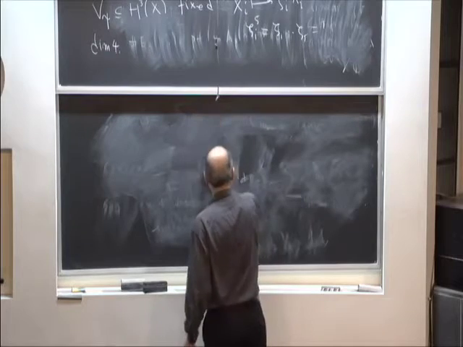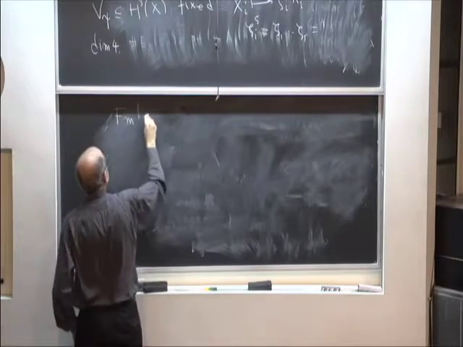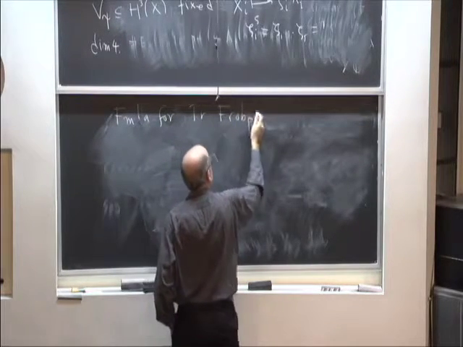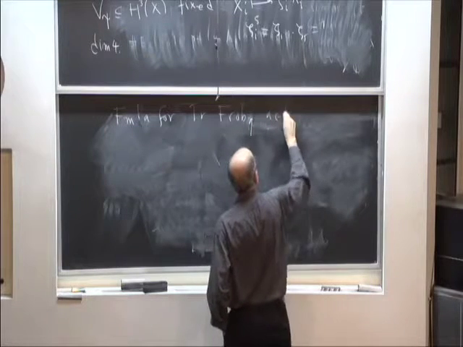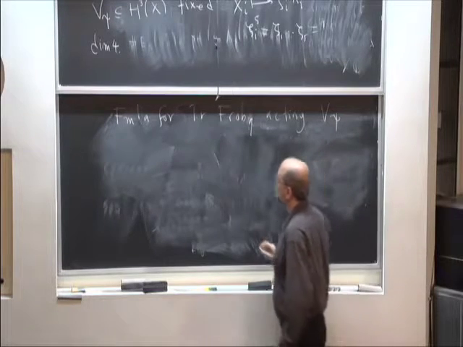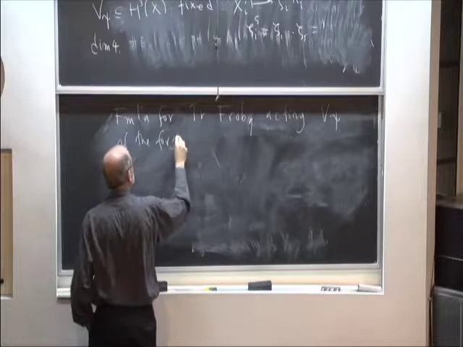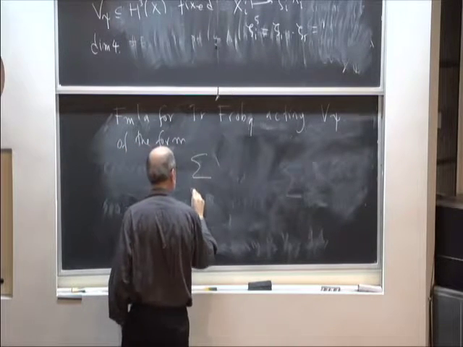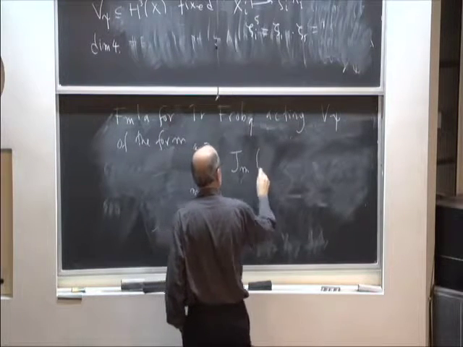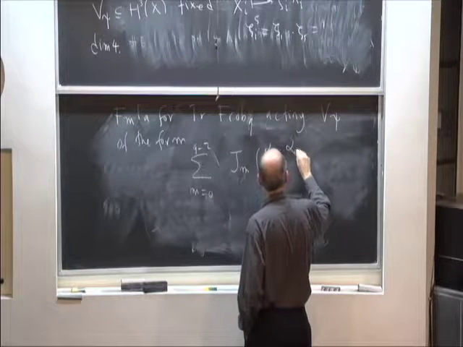Well, what I claim is that there is a formula for the trace of Frobenius acting on V psi, which has a form like this. I'm not going to write it explicitly because it's not quite necessary, just to give you a sense of what it is. It's basically a, let me write it in general.